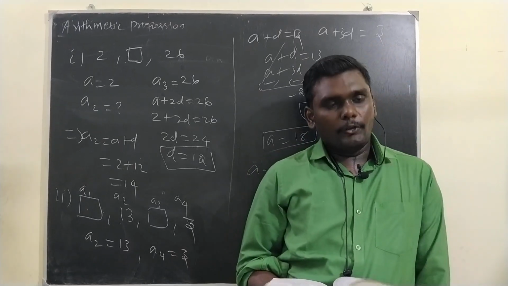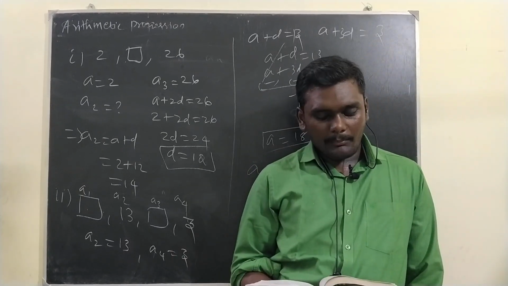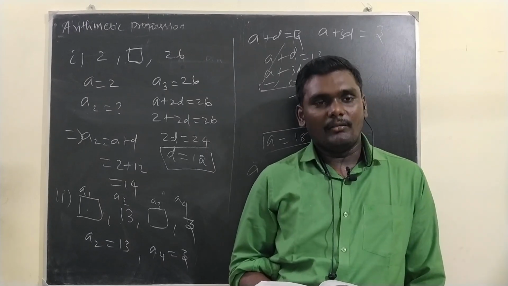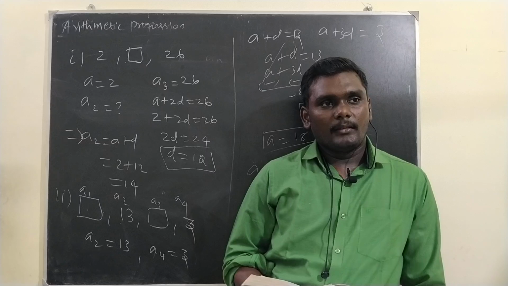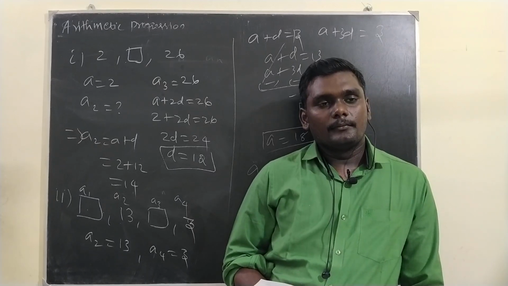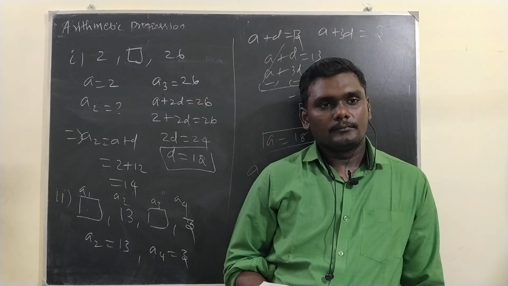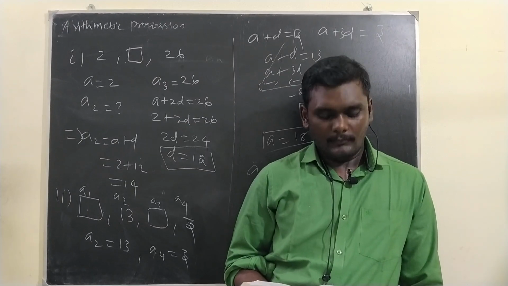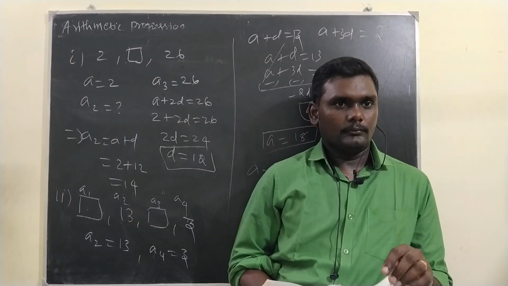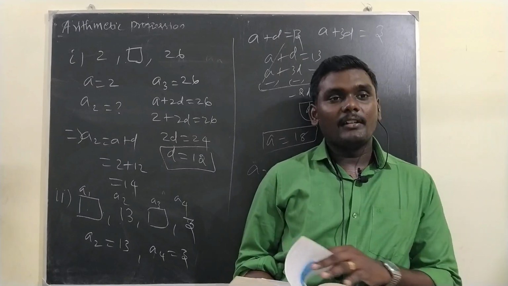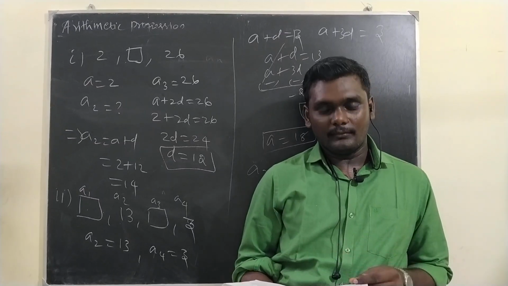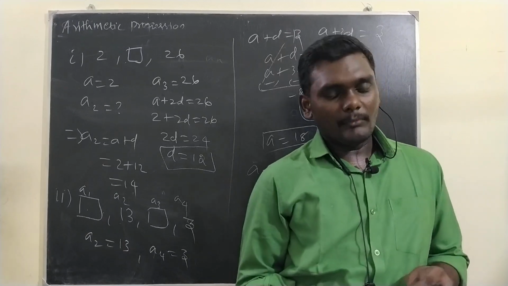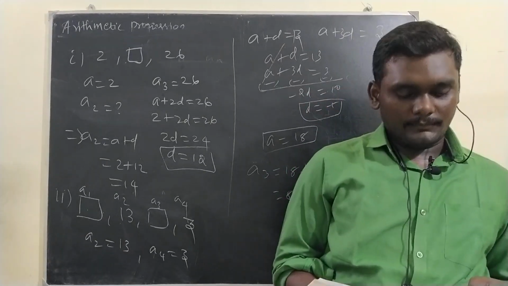Okay. Next, the fourth question: which term of the AP is 78? How will you do it? Tn is equal to 78. They are both the same, but here Tn equal to 78 you have to take.